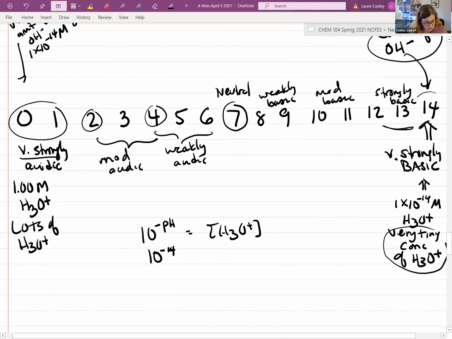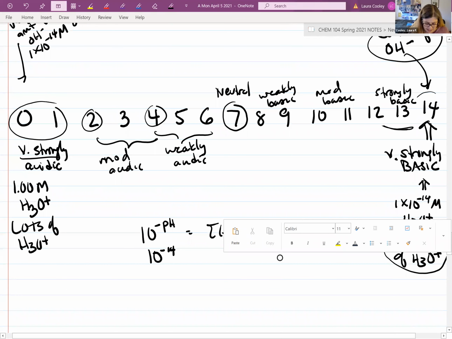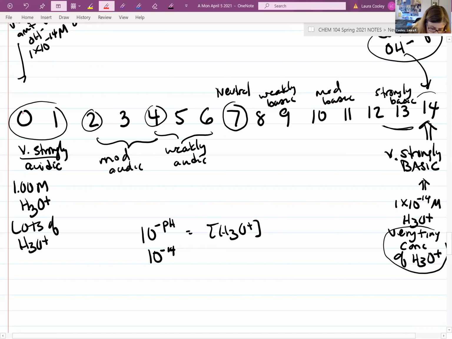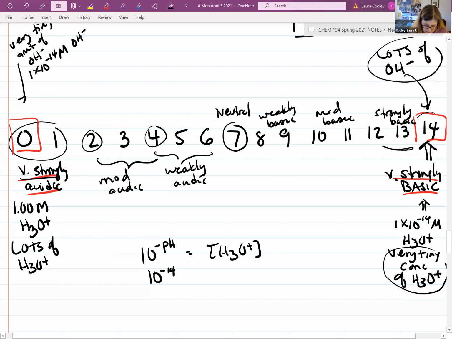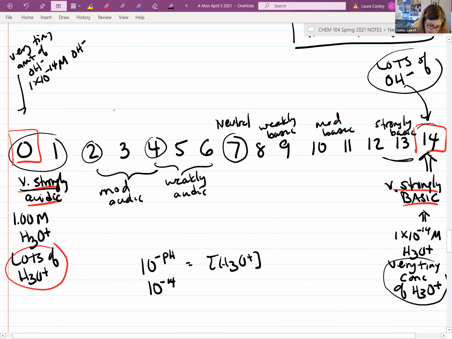Now, what I've said here is that on the ends of the scale we have strongly acidic and very strongly basic, but we're making some judgments. I'm telling you, here you have lots of H3O plus and a very tiny amount of OH minus. And here you have lots of OH minus and a very tiny amount of H3O plus.